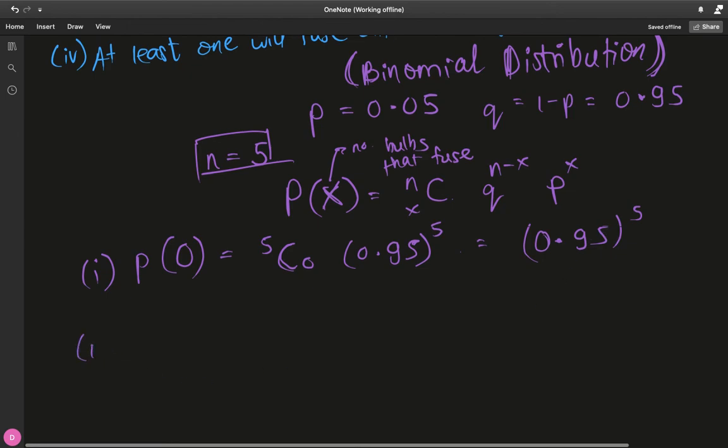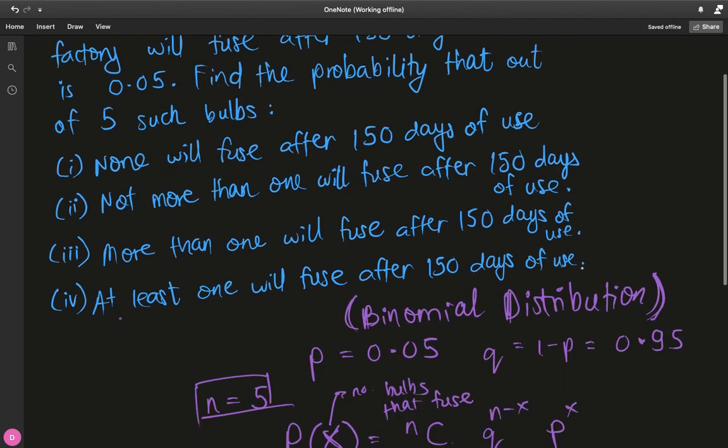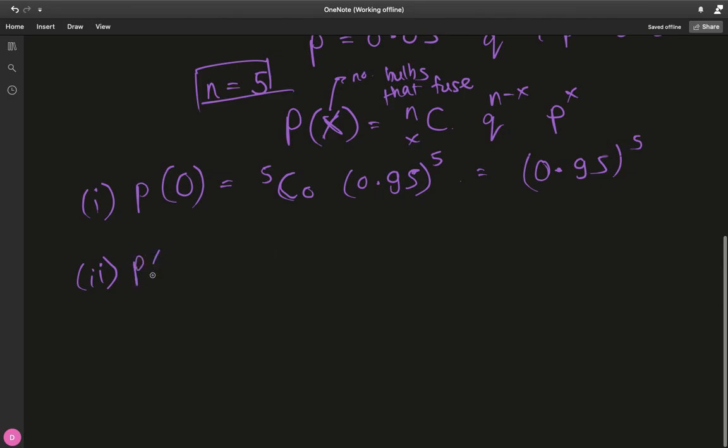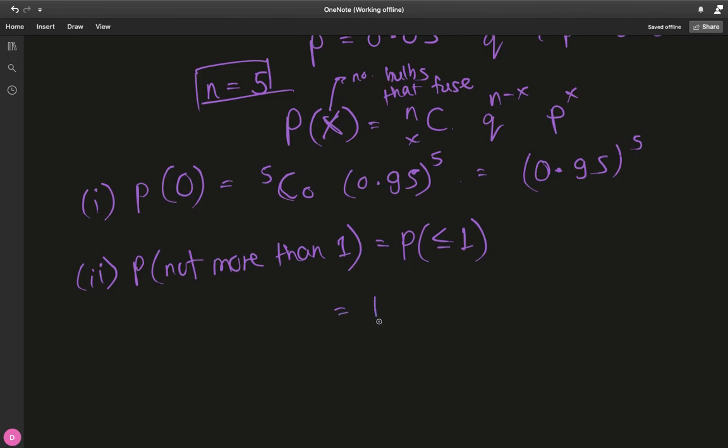Anyways, then they're telling us to find not more than one will fuse. So probability of not more than 1. So in the worst case 1. So probability of less than or equal to 1. So that equals probability of 0 and the probability of 1.